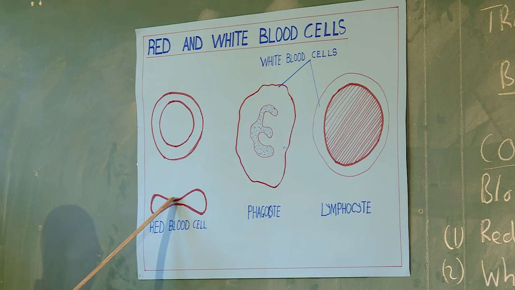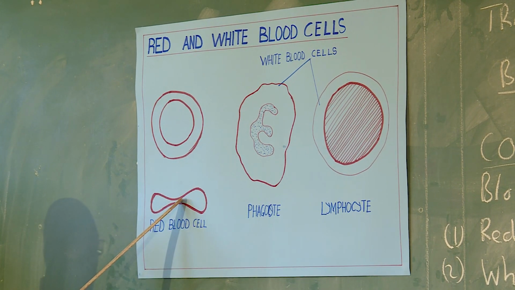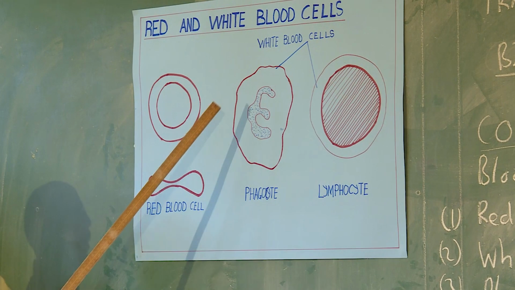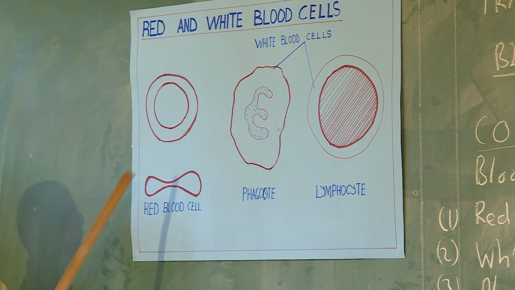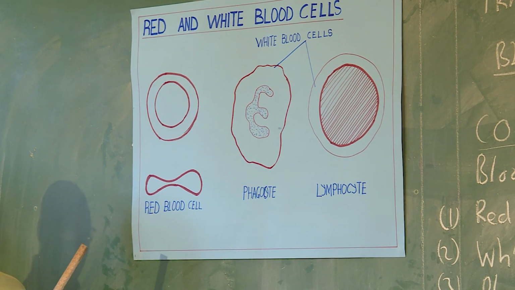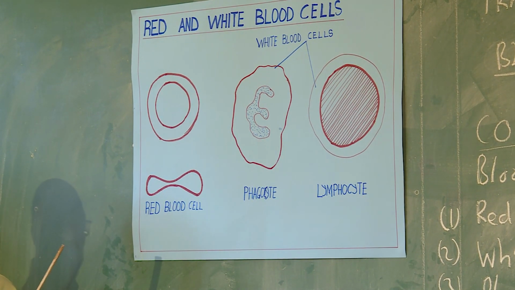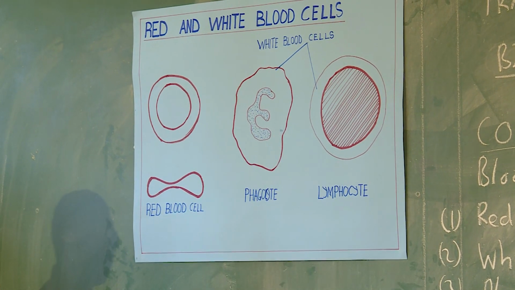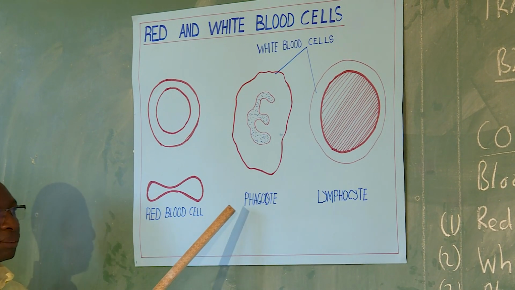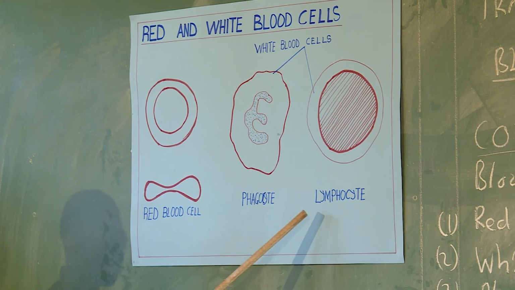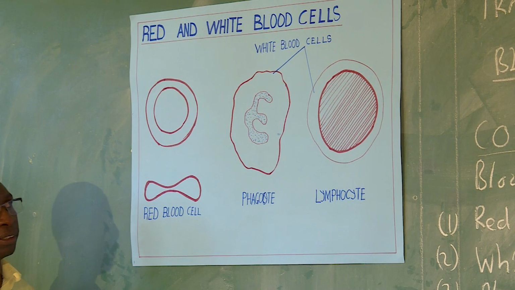It has a curve, a biconcave shape. Then here we have the white blood cells. Under white blood cells, we have two types: the phagocytes and the lymphocytes.